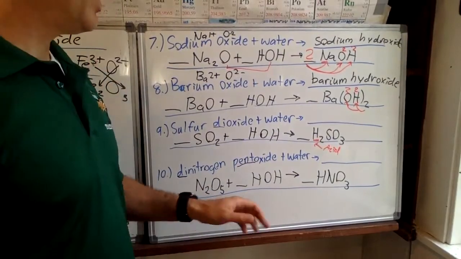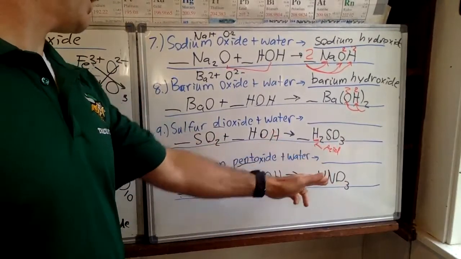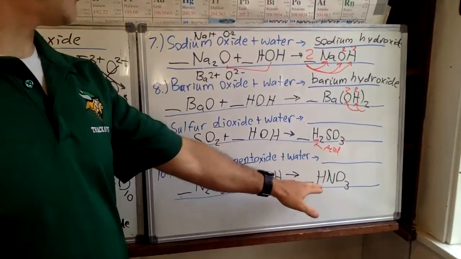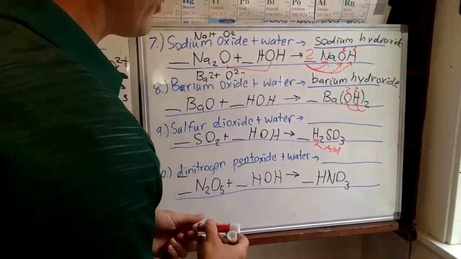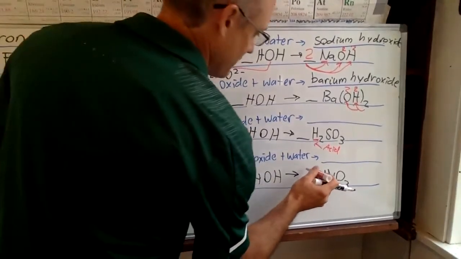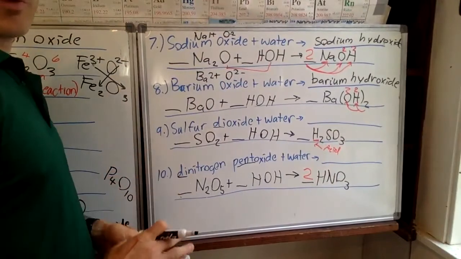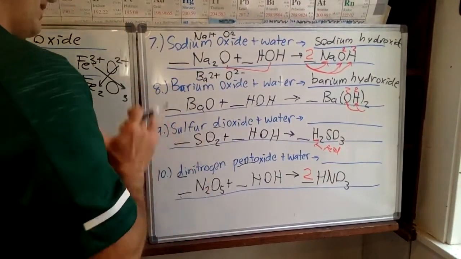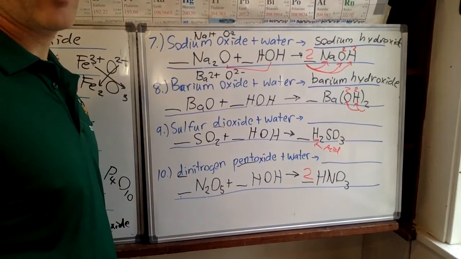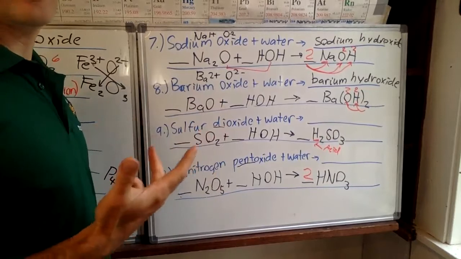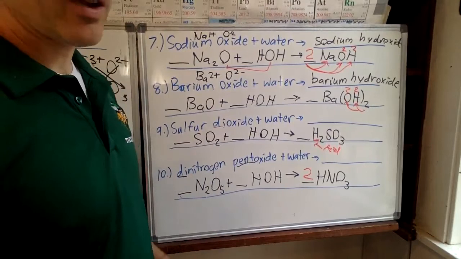We have 3 oxygens, we had 6 before, we have 1 nitrogen here, we had 2 before, we have 1 hydrogen here, we had 2 before, but it's not hard to balance. As you can see, everything just really needs to be doubled. So in number 9, it all came out perfectly and we didn't have to balance it. In number 10, all we had to do was put a 2 in front of the nitric acid. So balancing is not really ever that hard with these reactions, but it's hard to write the equation out, right?